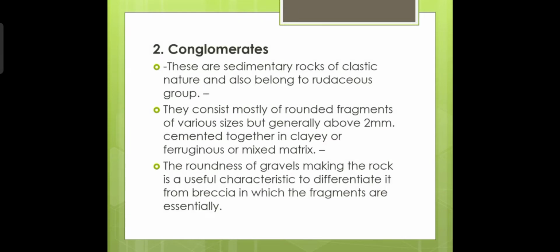Number 2, conglomerates. These are the sedimentary rocks of clastic nature and also belong to rudaceous group. They consist mostly of rounded fragments of various size but generally above 2 mm cemented together in a clay or ferruginous or mixed matrix.